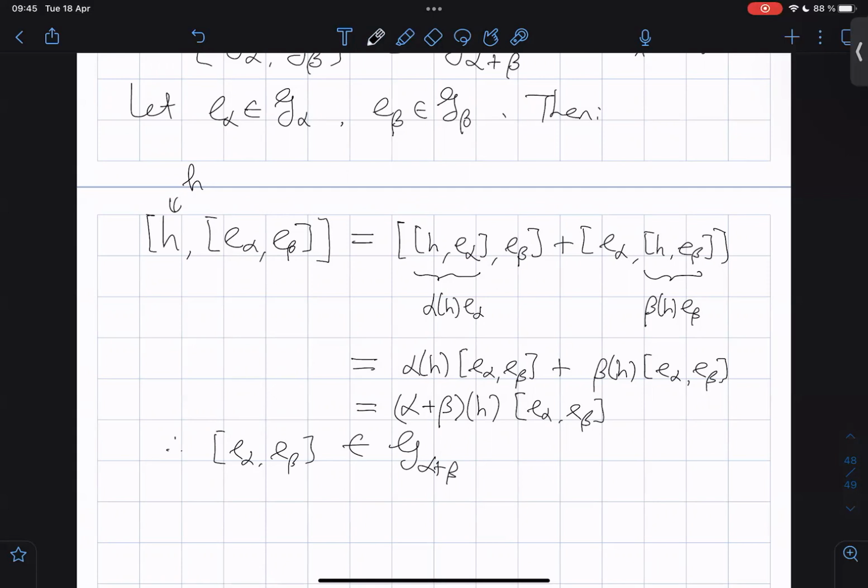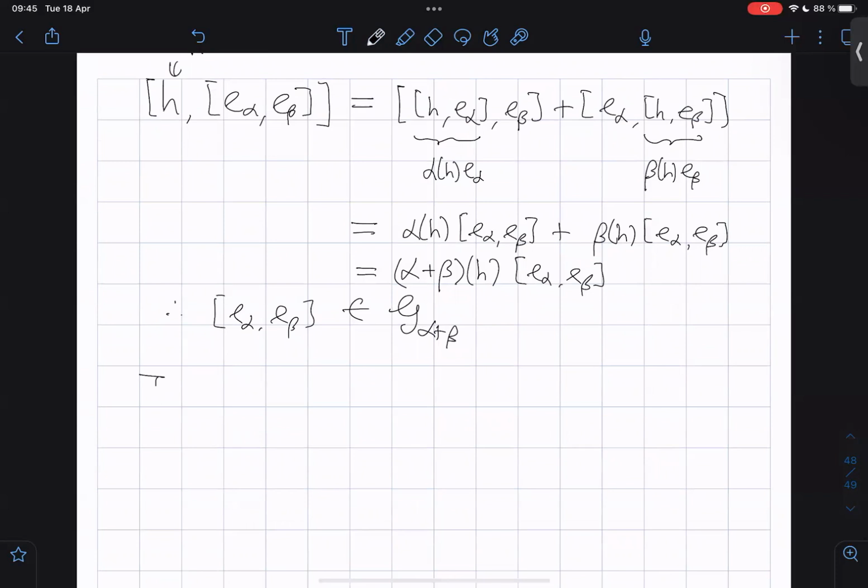Now where it lands, it might be 0. So there's two possibilities. One, alpha plus beta is not a root, and it's not the 0 element.